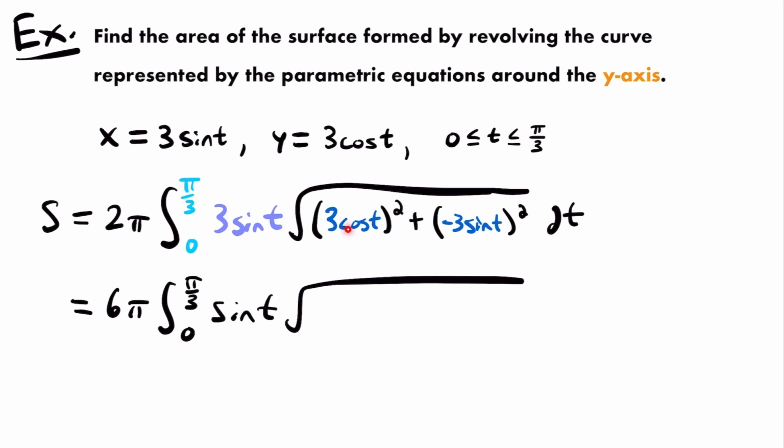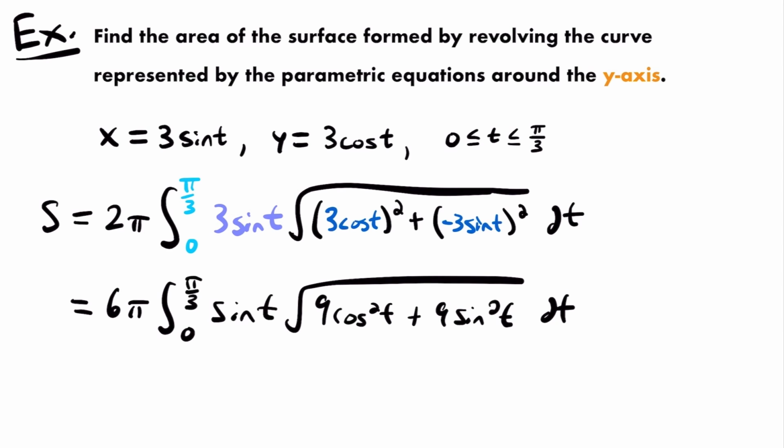Now I'm going to square each of these values. And so 3 squared is 9, and cosine t squared will be cosine squared t. So we'll have 9 times cosine squared t plus negative 3 sine t squared. Negative 3 squared is 9, and sine t squared is sine squared t. So we'll have 9 times sine squared t dt.